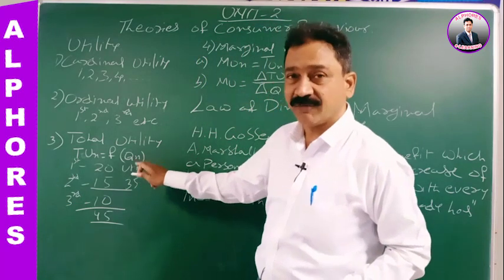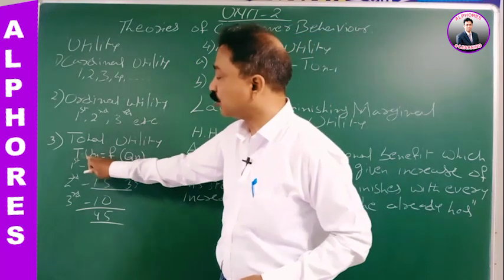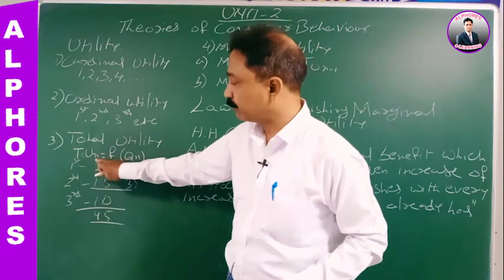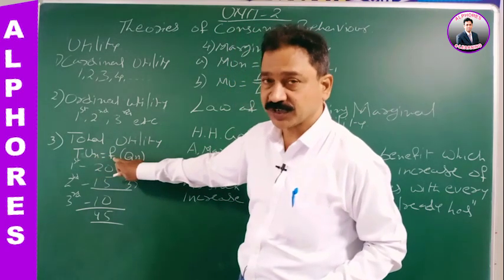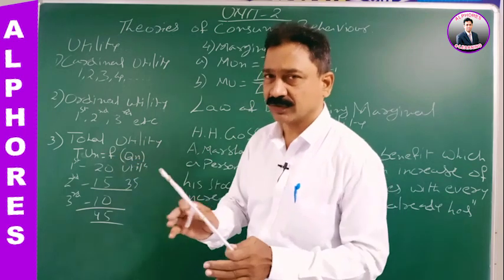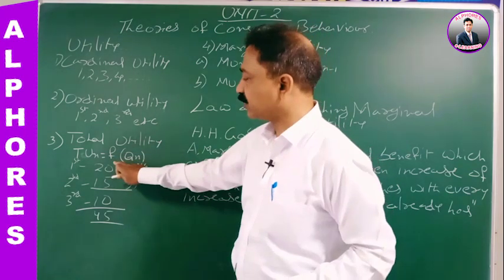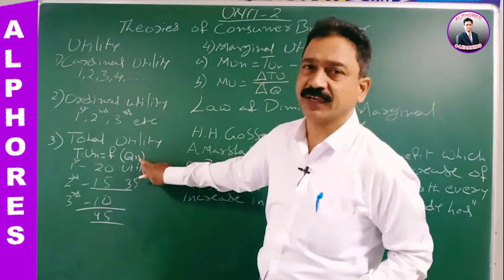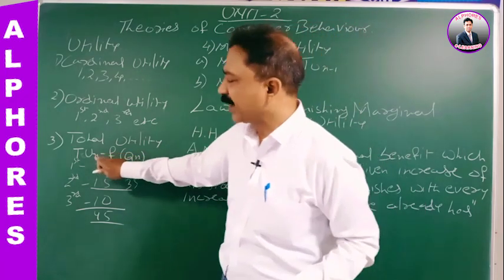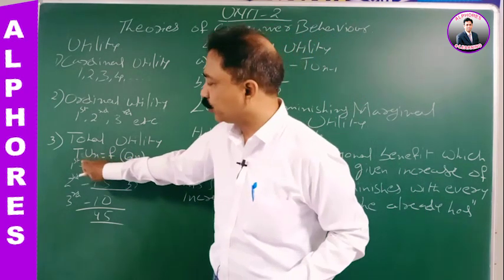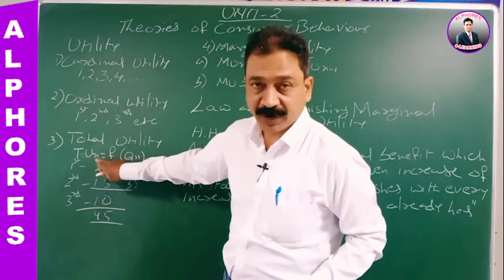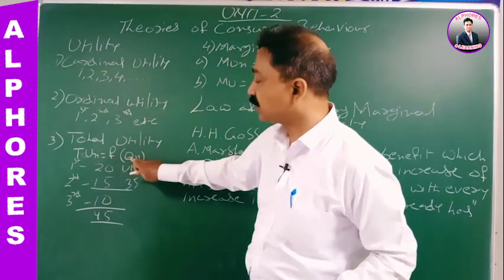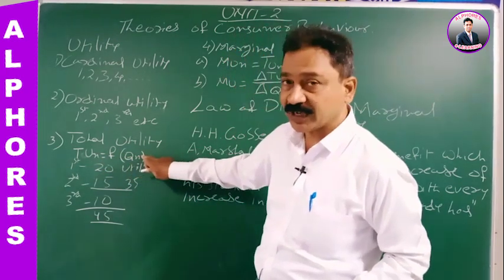That's why we write this equation: total utility of a commodity n has a functional relation. You know what is a functional relation? The working relation with quantity of n commodity. It may be X, Y, Z. Total utility of n commodity has a functional relation with quantity of that particular commodity.